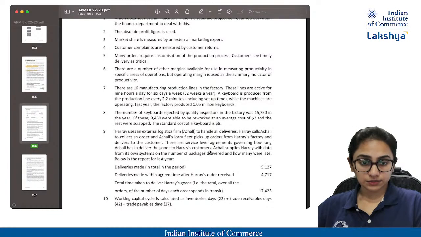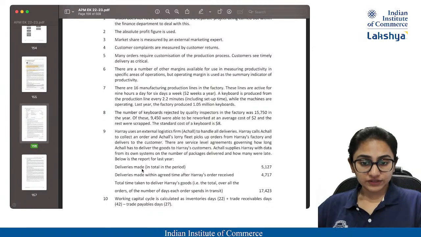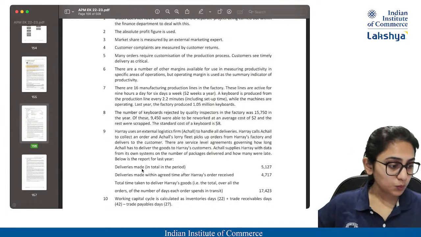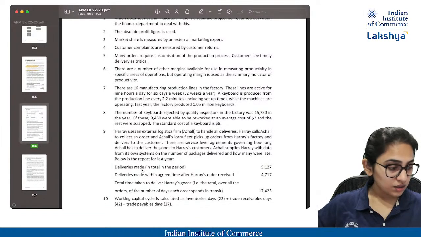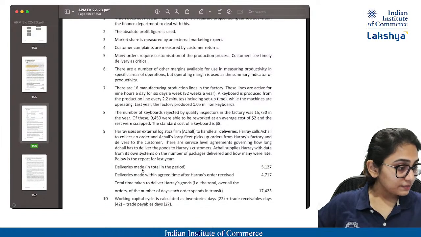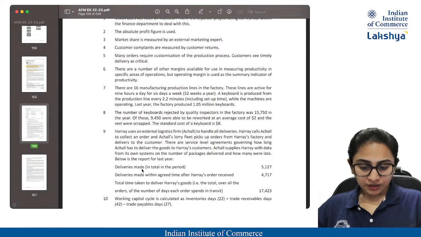Deliveries made in total is 5127. Delivery made in agreed time frame is 4717, so 92% were on time.